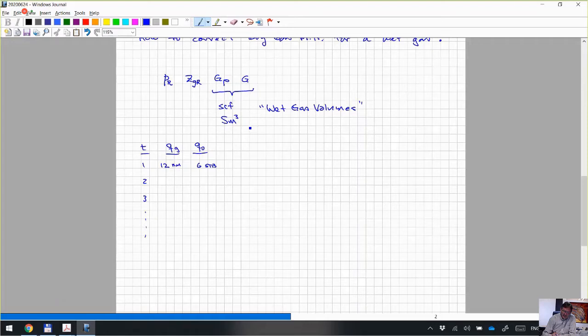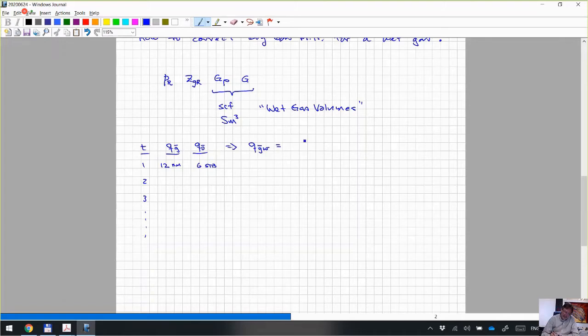And so what you have to do is convert this gas and oil into a fake wet gas volume. I think we came up with the equation.